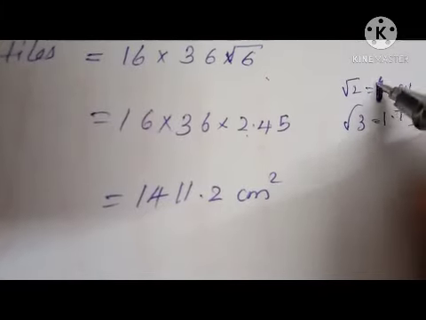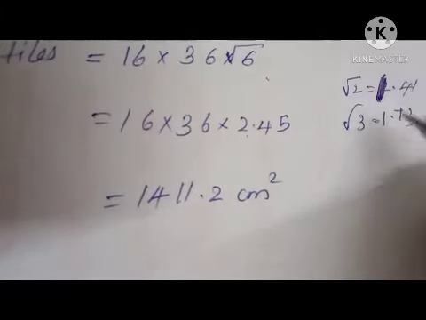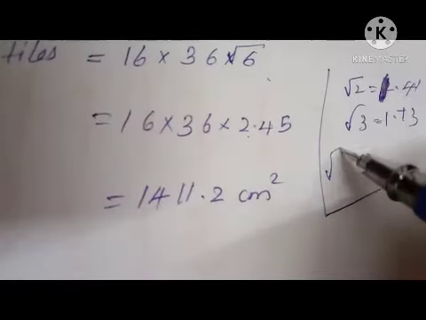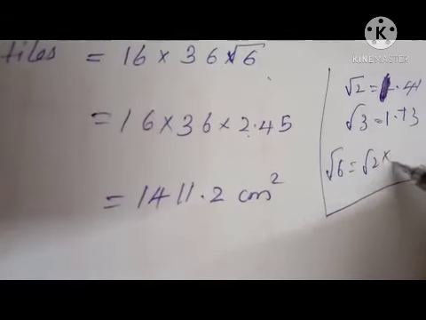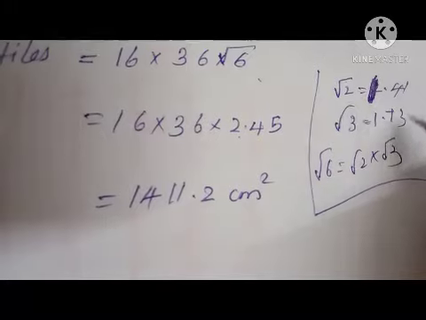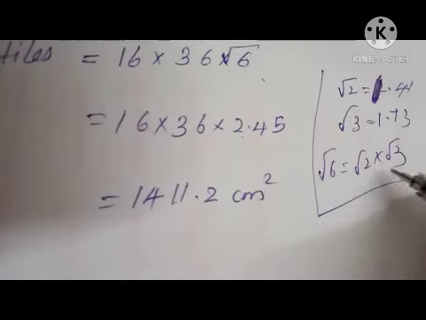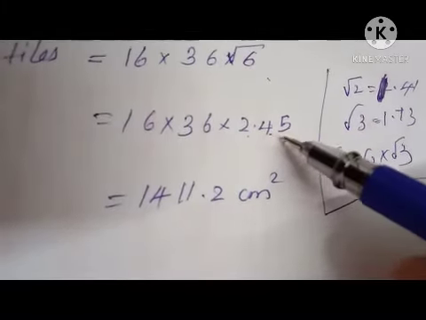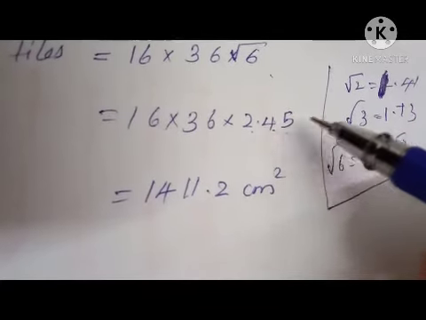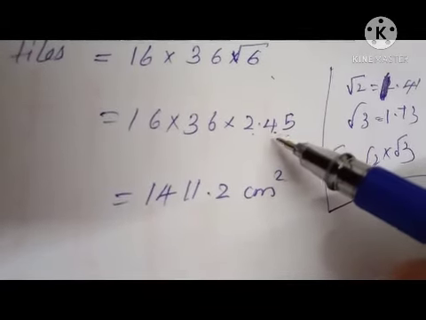So the value of root 6 is root 2 into root 3. When you multiply these two values and correct it to two places, you will get 2.45. That you will study in detail in lesson 1.